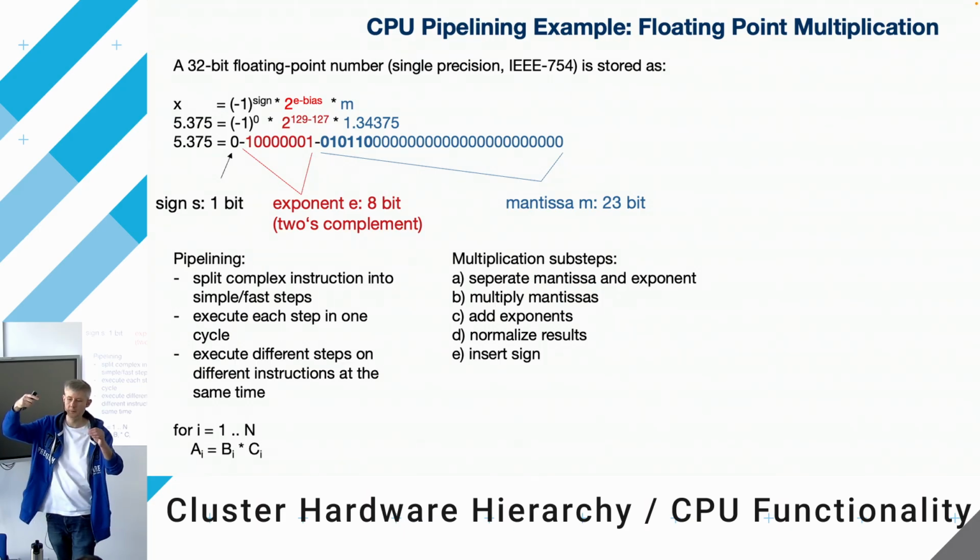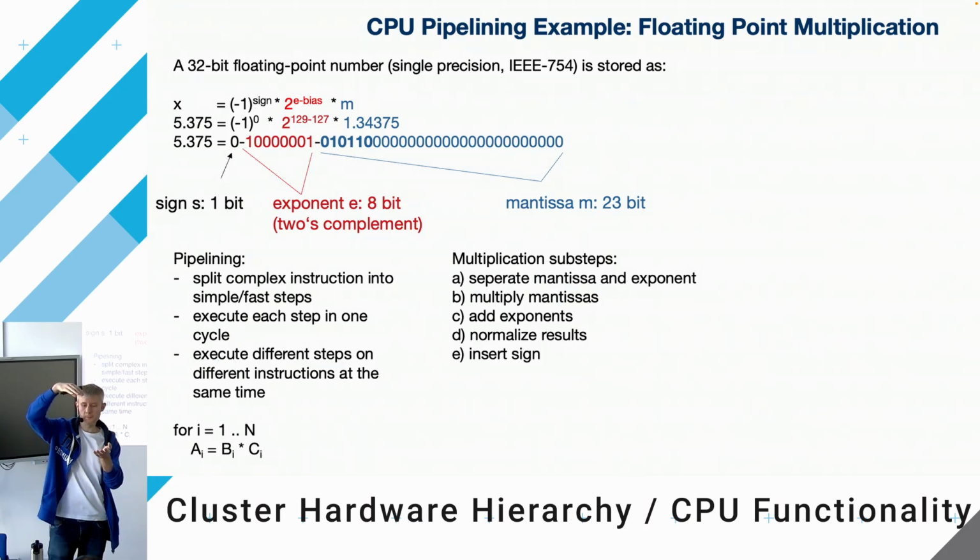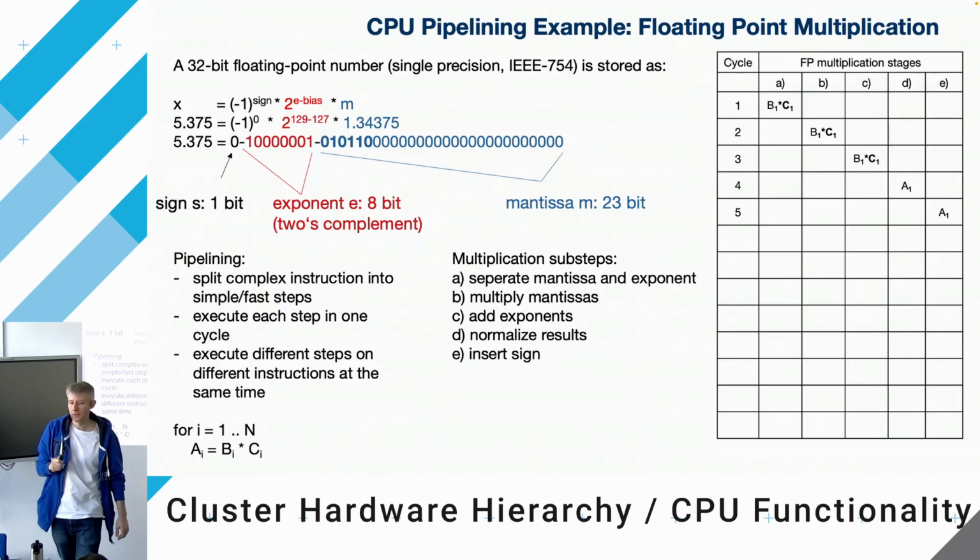Therefore, before, the execution of one instruction would take a lot of cycles and could only hold one instruction. If we create a pipeline out of this execution, then the first value that we want to multiply goes through this pipeline of floating point multiplication.